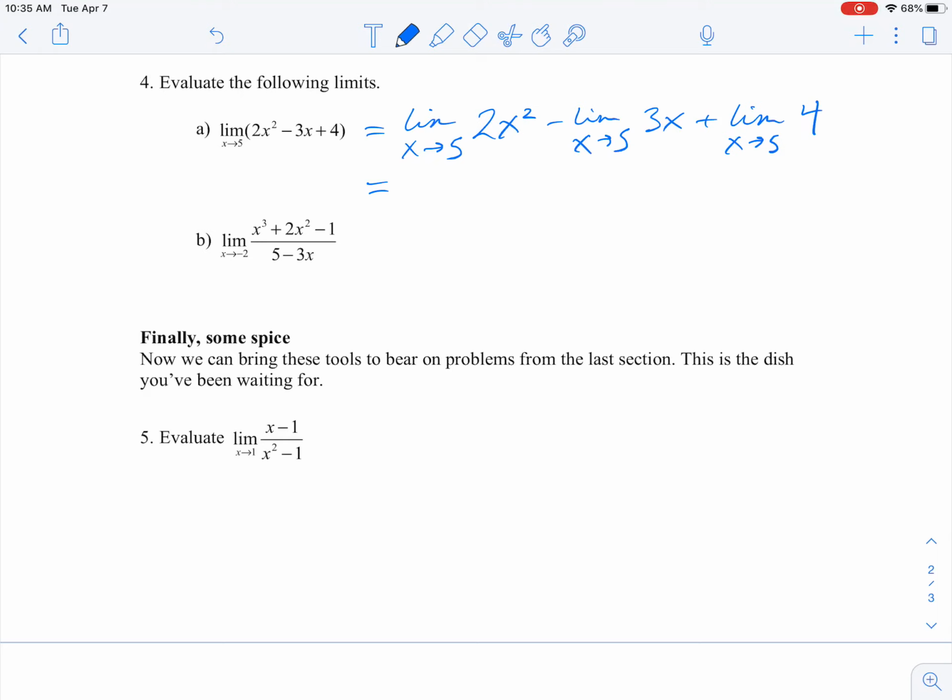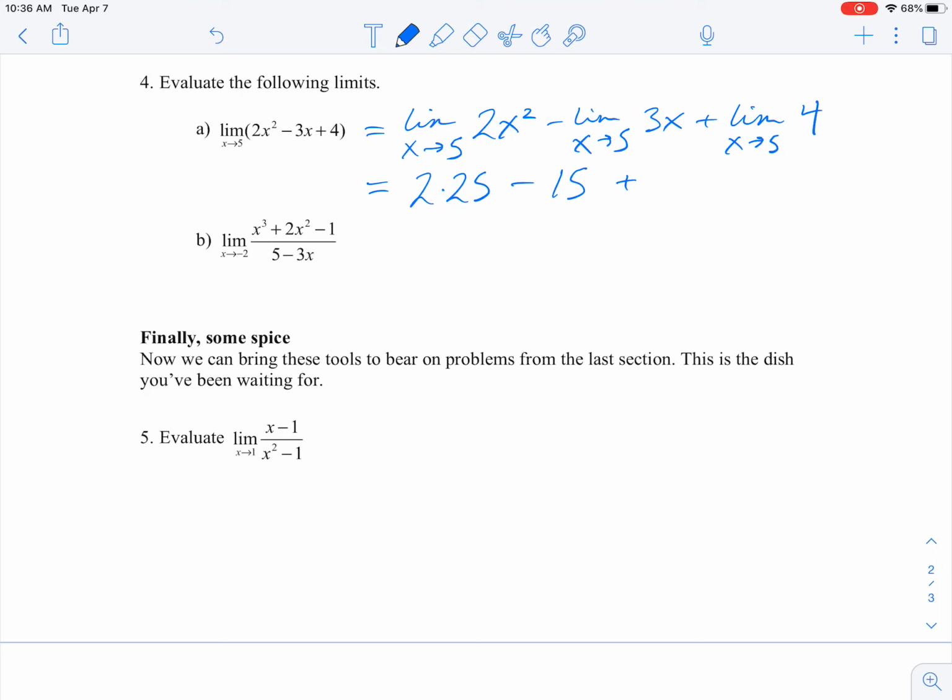This is a polynomial function. It's smooth and continuous, so we don't have to worry about any type of difficulty for actually plugging in a value in the domain. So 5, we're going to plug it in. If we plug in the 5 for x here, we're going to get 2 times 5 squared, 2 times 25. Plug in 5 here, we get 15.